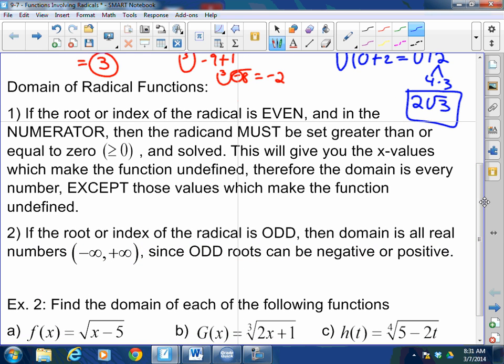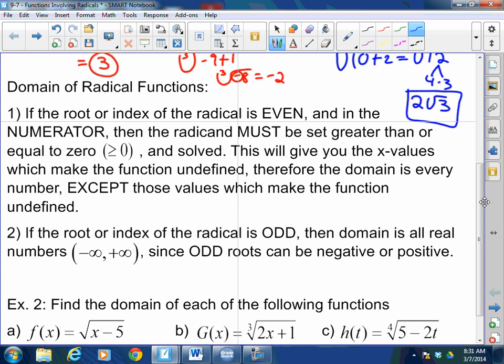Now, domain, guess what? We've already done it. In fact, we went so far with domain that we know how to find the domain of any function out there. If you remember, we said that if we have an x in the denominator, we set that x to not equal 0, right, guys? Remember the radical, though.